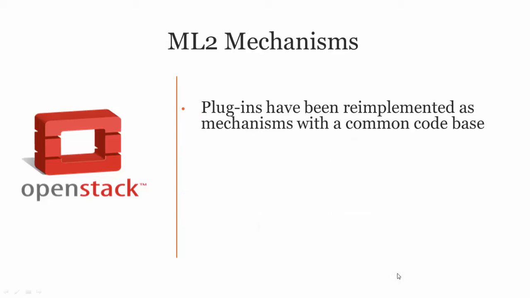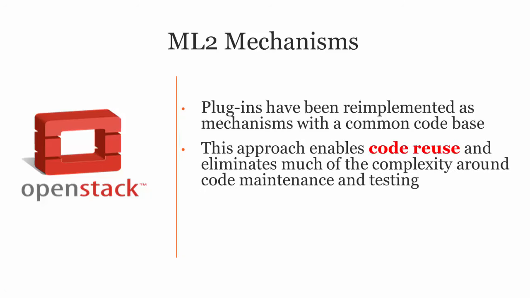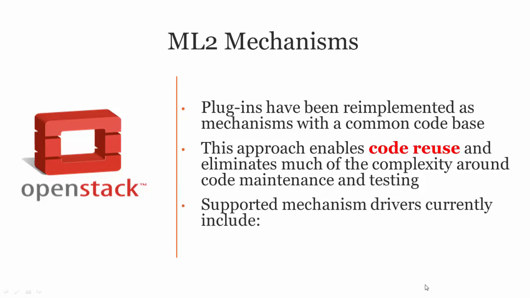The Modular Layer 2 plugins have been re-implemented as mechanisms with a common code base. So using code reuse, we can implement the Modular Layer 2 mechanisms. Modular Layer 2 mechanisms normally use code reuse to eliminate much of the complexity around code maintenance and testing.